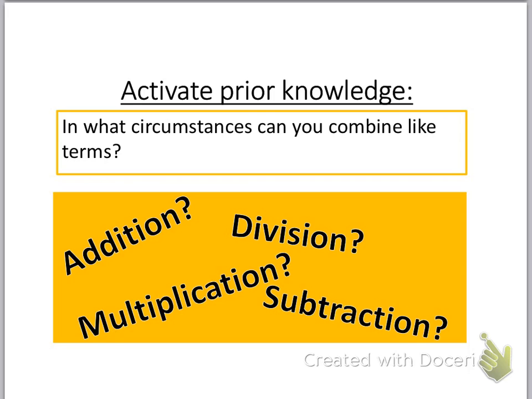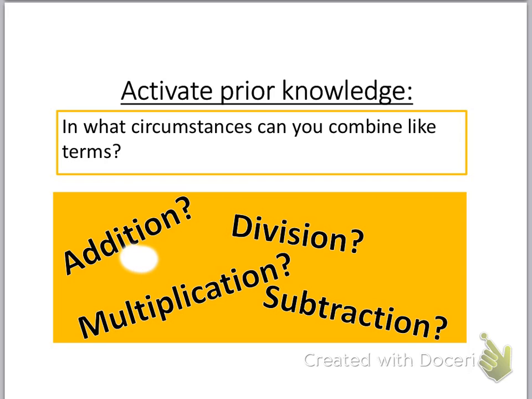So first, I'd like to talk a little bit about what circumstances allow you to combine like terms. When do you need like terms? Do you need like terms for addition?